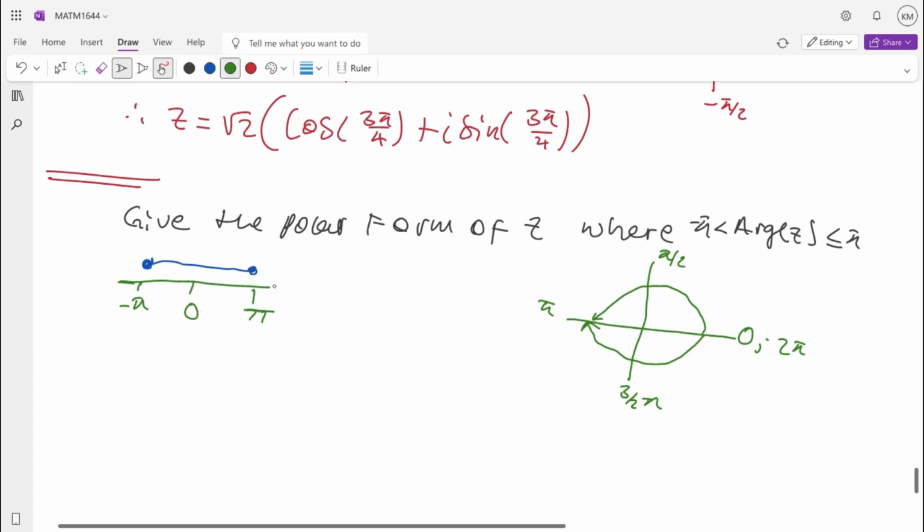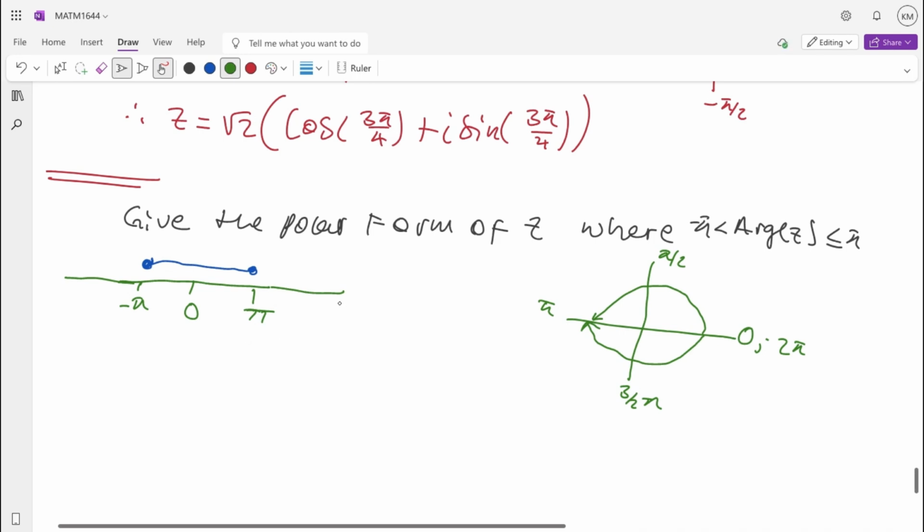Anywhere else, if we extend this line here and here, it will be out of the interval, out of the region that we are restricted to. We are restricted that we should find the big argument to be within this region. Any angle that is less than minus pi or greater than pi cannot be the big argument for that type of interval. Okay, so that is the thing that you have to keep in mind if you are using the big argument of z.